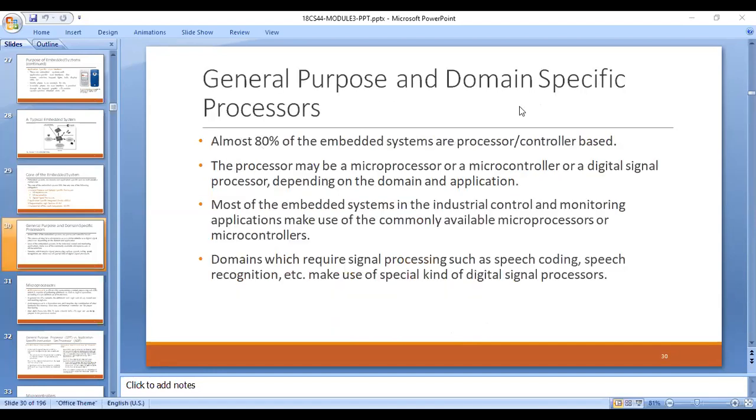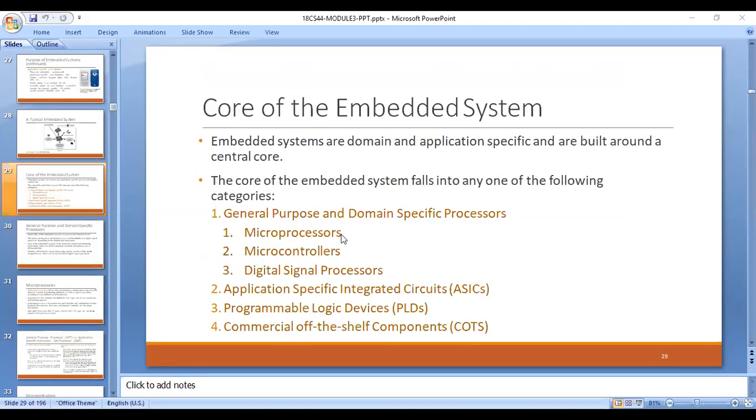We have seen all these things, general purpose and domain specific processors, microcontrollers, and digital signal processors as well.